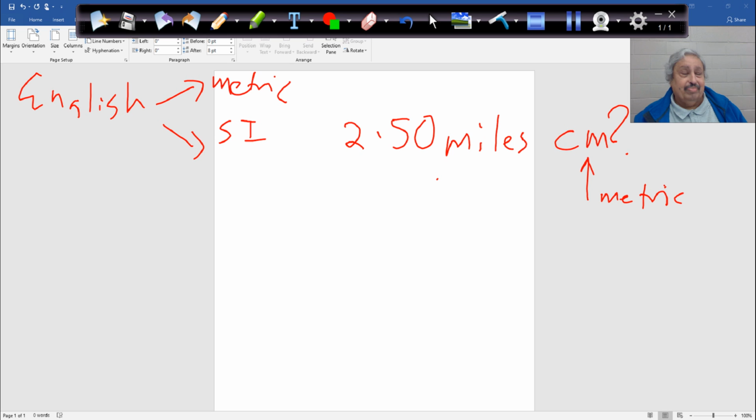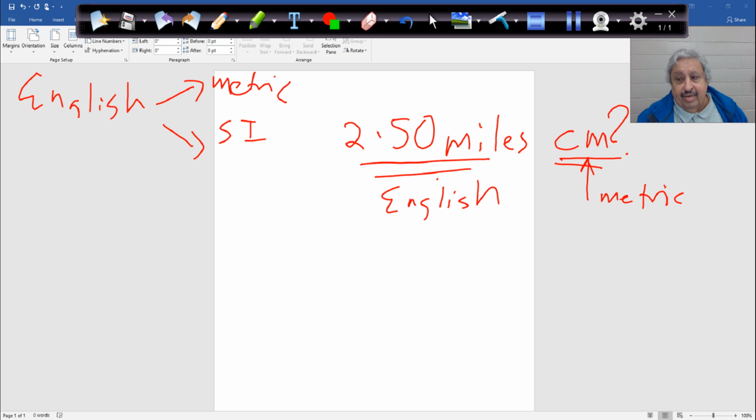And the SI sometimes will adopt the meter and kilometer. The basic unit in SI is the kilometer, but it will adopt those centimeters. So you have 2.5 miles and want to convert them into, this is an English system, and this is a metric system.